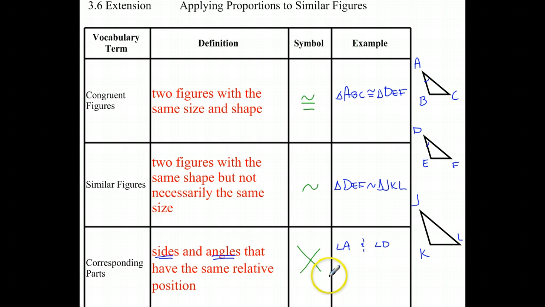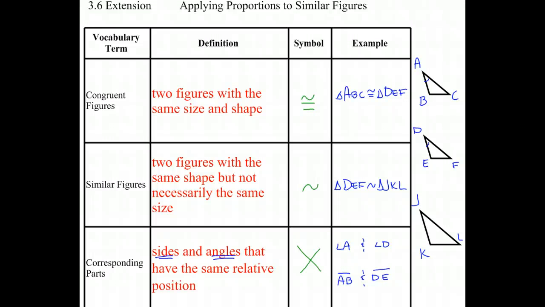I can also have corresponding sides. That's where I'm going to say that AB, this side length here, which is a line segment, corresponds with DE. That means they're sitting in the same position. It doesn't necessarily mean that they are equal to each other, but it means that they're sitting in the same spot.